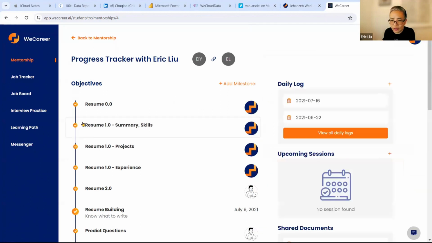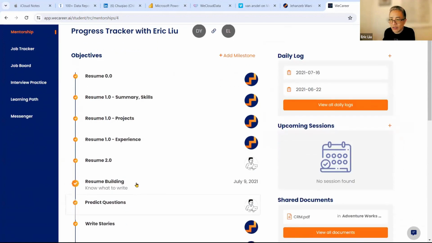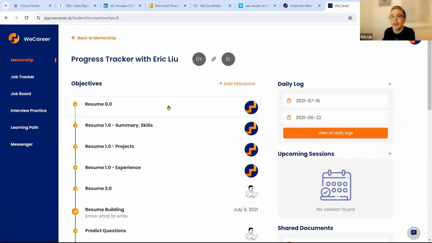And then you will see this check mark. So after all the tasks associated with the milestone have been completed, you can check that big milestone and then you move on. So eventually, this will visualize the timeline progress, it's actually really good for you to see how you're making progress.